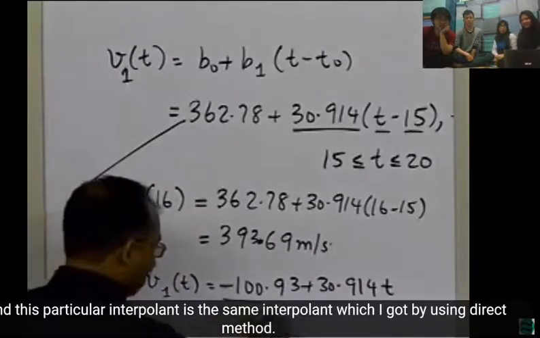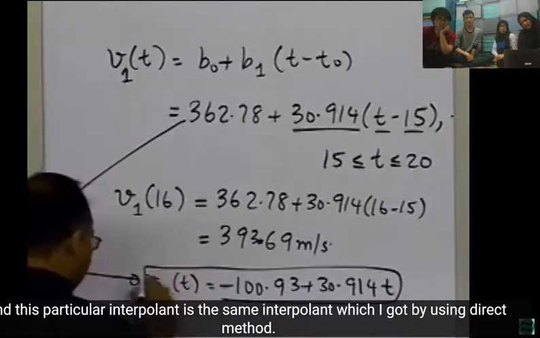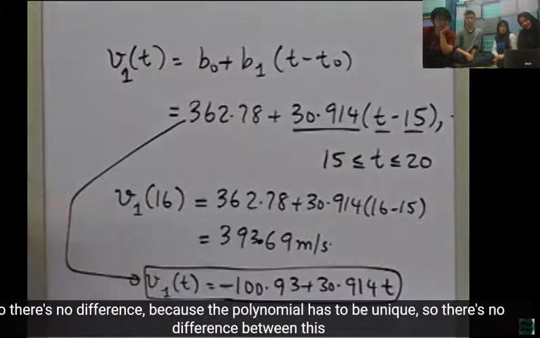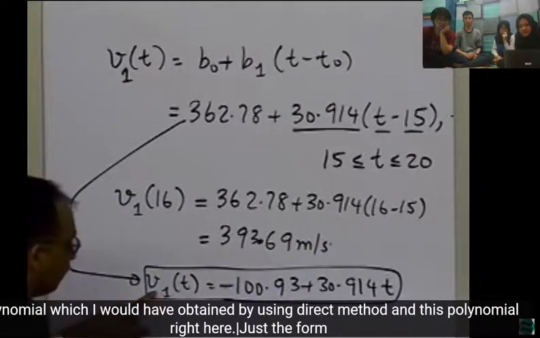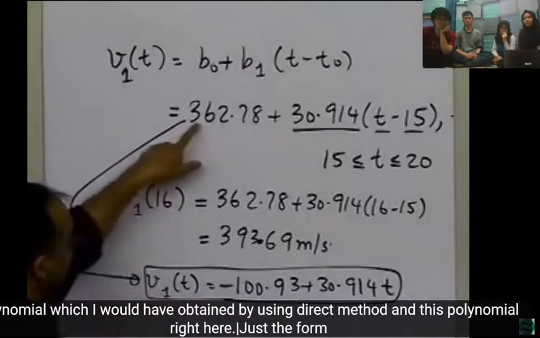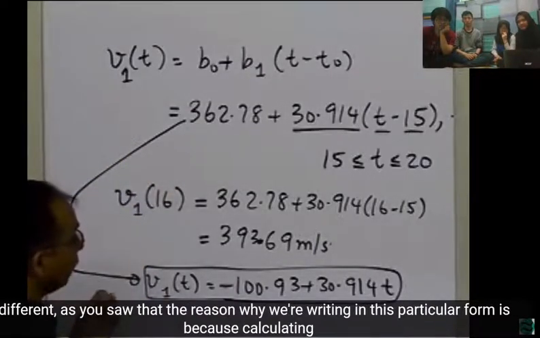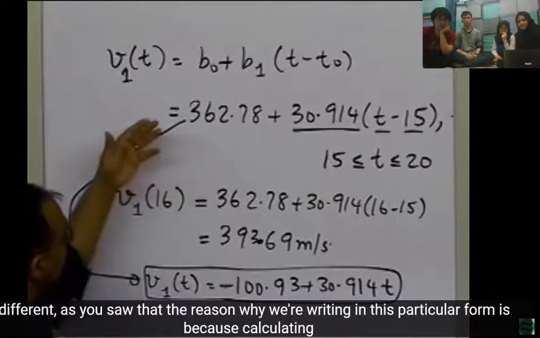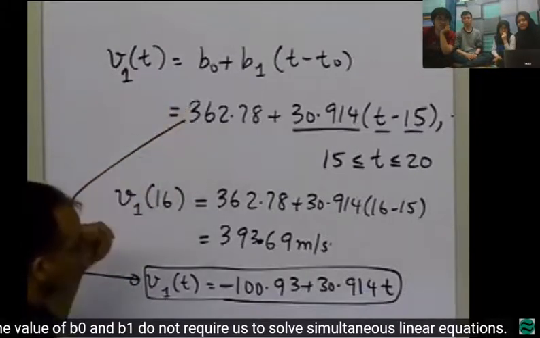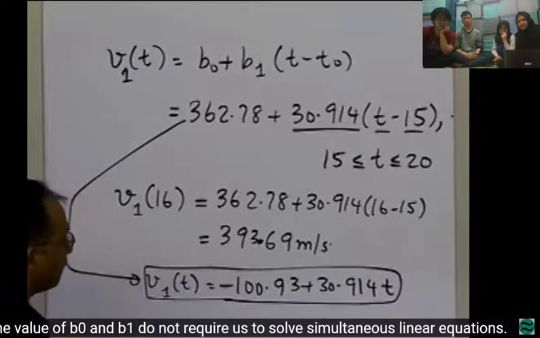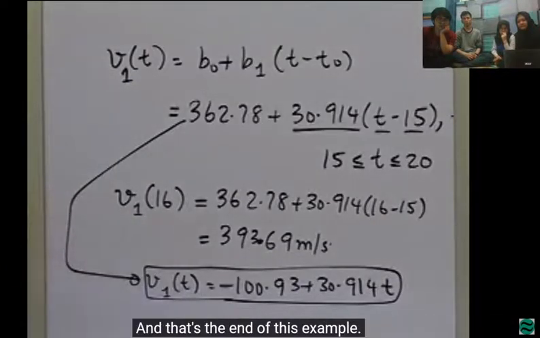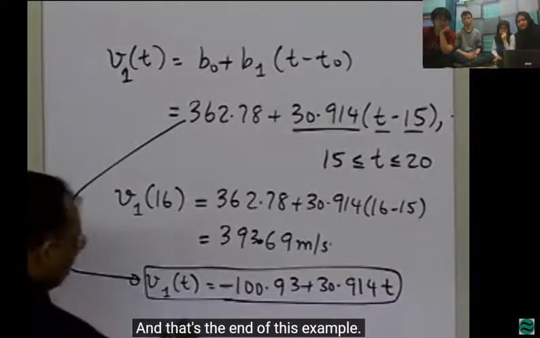And this interpolant is the same interpolant which I got by using the direct method. There's no difference because the polynomial has to be unique. Just the form is different. The reason why we write it in this form is that calculating the values of b naught and b1 does not require us to solve simultaneous linear equations. And that's the end of this example.